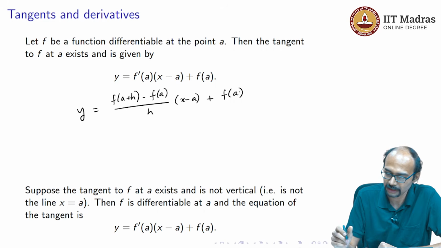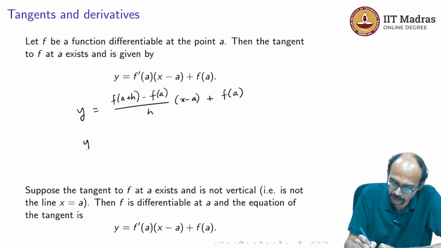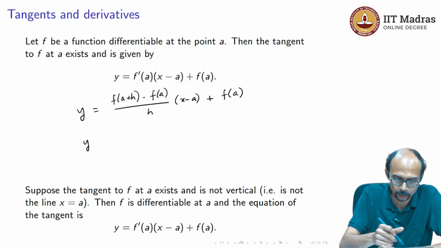Now, in the limit, meaning as limit as h tends to 0, if this limit exists, which is exactly saying that the function is differentiable, then of course, in the limit you will get the expression above, right.